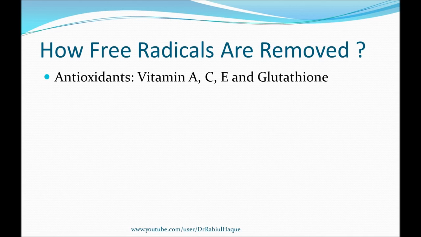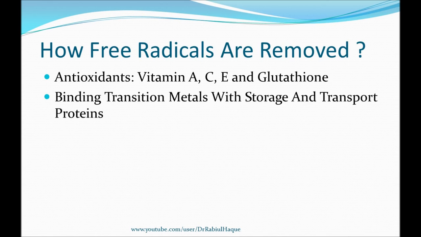The next mechanism to minimize free radical formation is by binding the transition metals like iron and copper with certain transport proteins or storage proteins so that they become inactive. Recall that transition metals like iron and copper were responsible for production of free radicals.